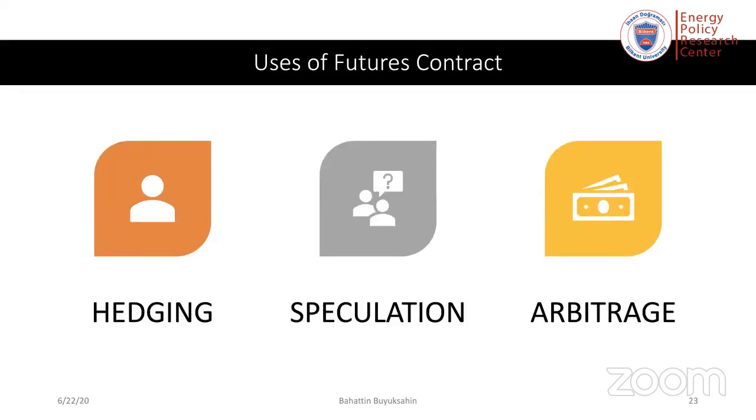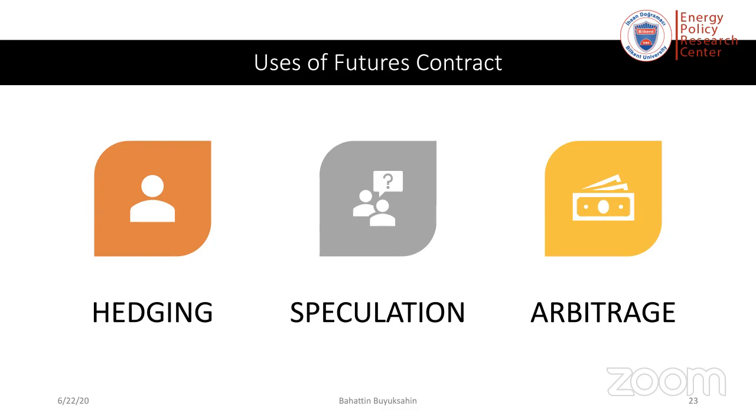Like a forward contract, a futures contract can also be used for hedging, speculation, and arbitrage purposes. Traditionally, many of the market participants in futures were hedgers. Hedgers use the futures market to reduce particular risk arising from fluctuation in the price of underlying assets.